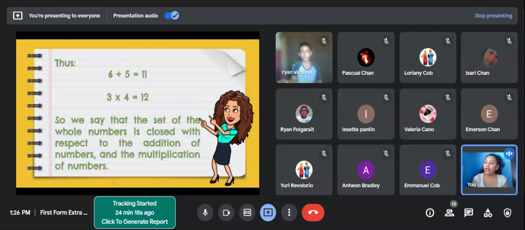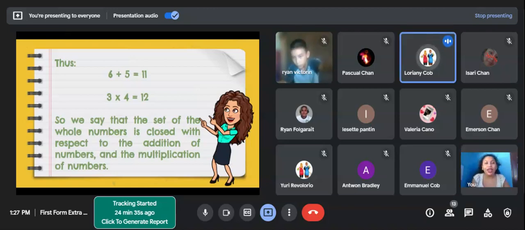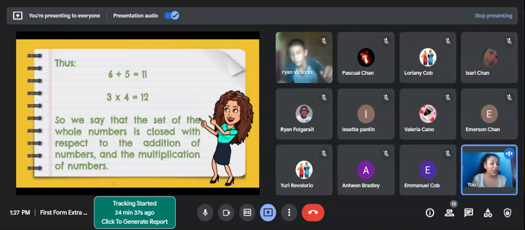So when we talk about closed under an operation or law of closure, it has to be 2 of them only. Which 2 have we been talking about in the properties? Addition and multiplication. Very good. The law of closure only applies to addition and multiplication.